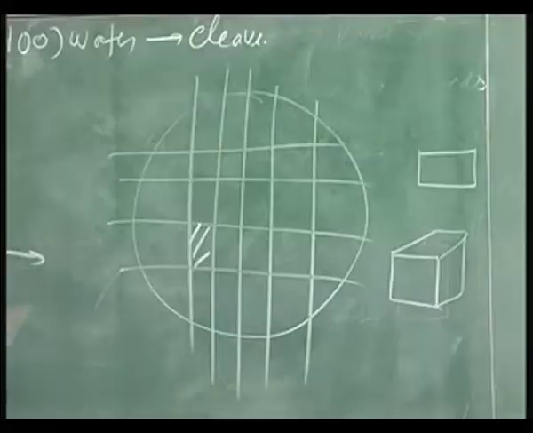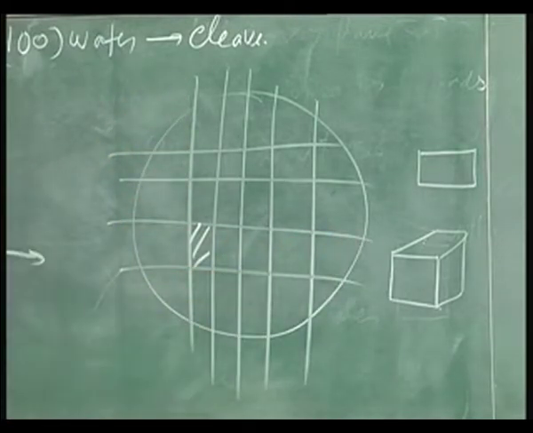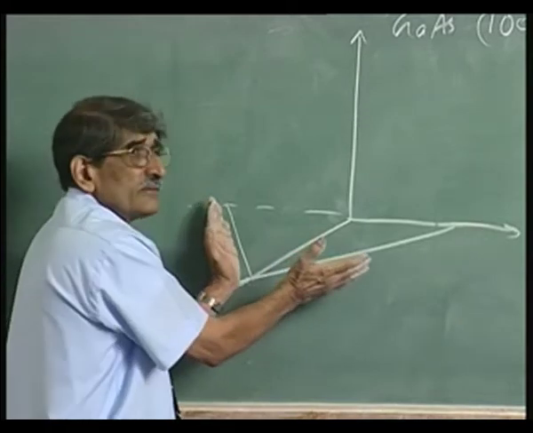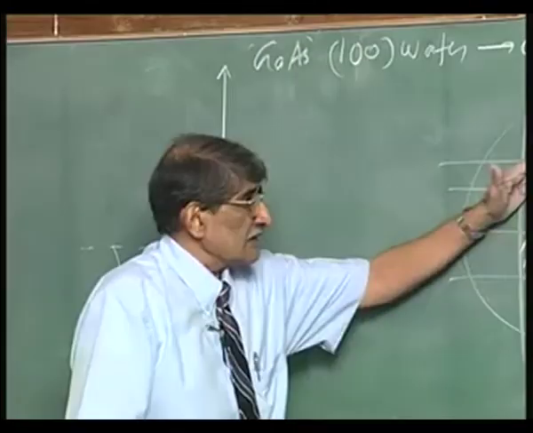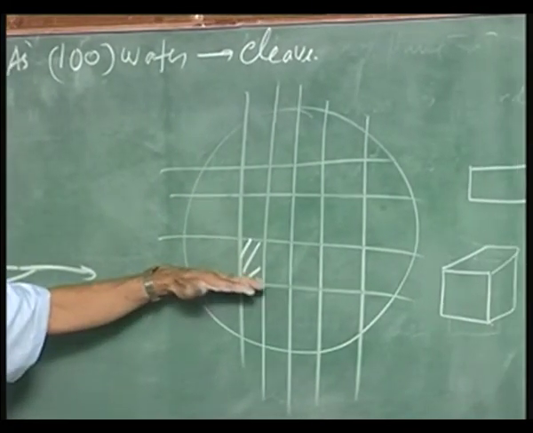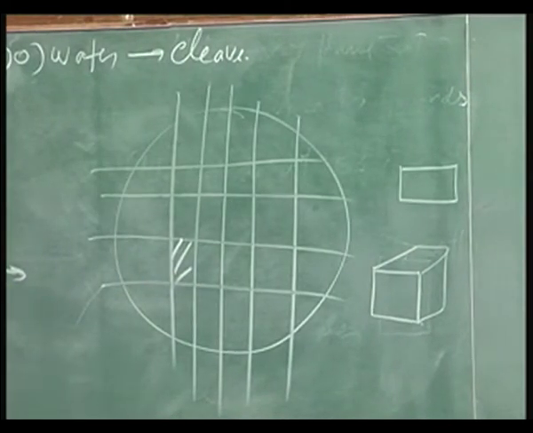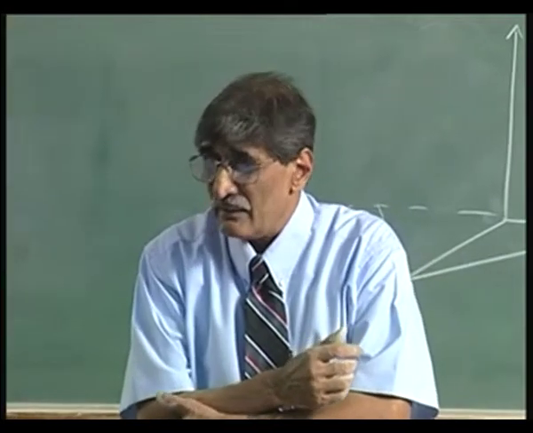I can scribe along the 110 direction like that; both are perpendicular, 110 and 11 bar 0 on the xy plane. Both you call the 110 direction. If you call it 110, the other may be 1 bar 0, they are perpendicular. So, there the planes are vertical, and that is the key advantage of having this material for this application.